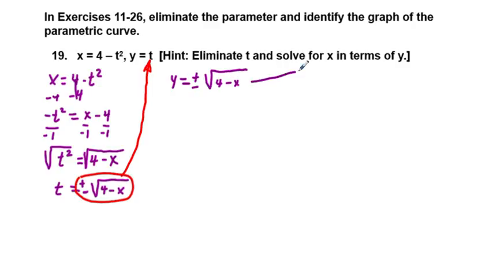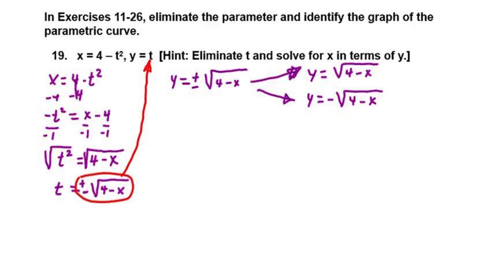And we can bifurcate this, because we have two functions out of this. We're going to have y equals square root of quantity 4 minus x, and also y equals negative quantity square root of 4 minus x.